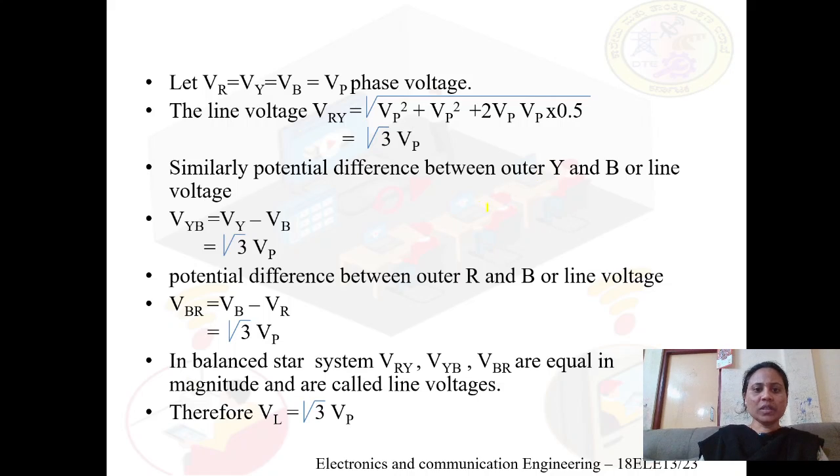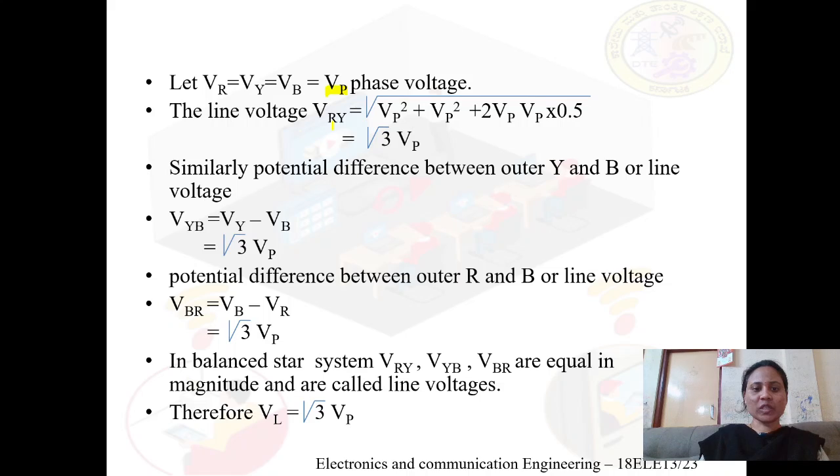Okay, so in a balanced supply, let us assume all the phases have the same magnitude, and let us call the phase voltages as Vp. That is, VR, VY and VB are equal, which is equal to Vp.